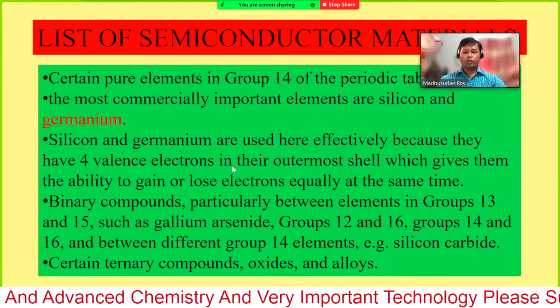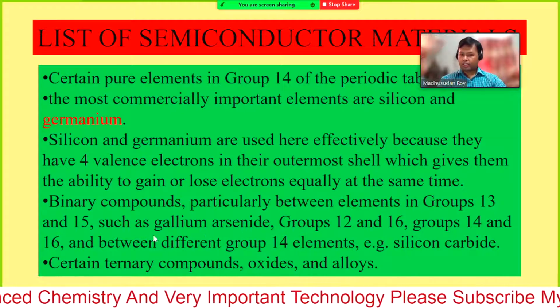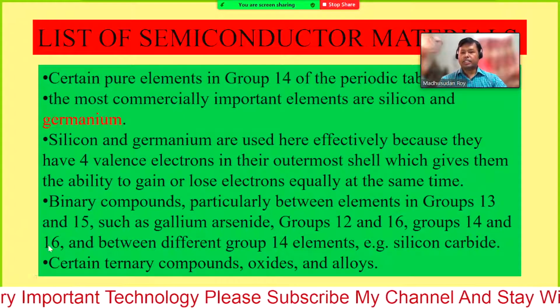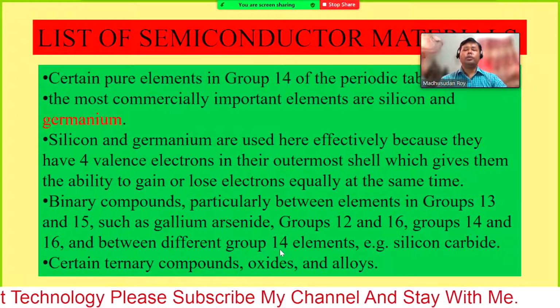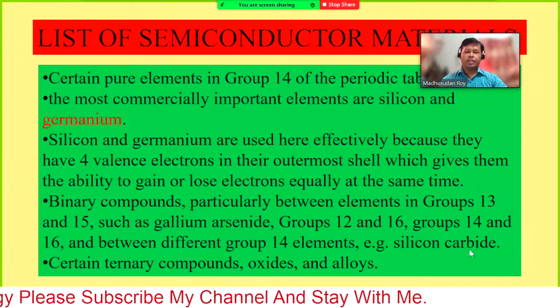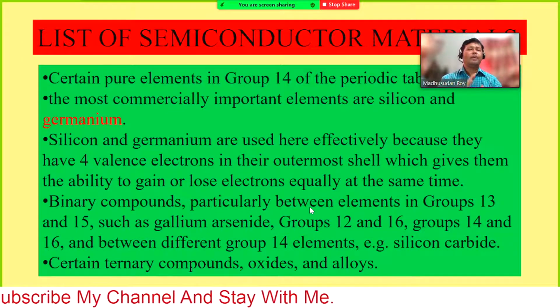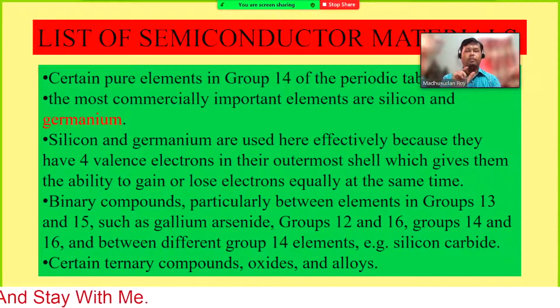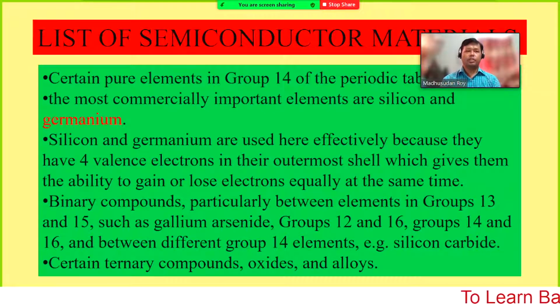So group 13 and 15, such as gallium arsenide, group 12 and 16, group 14 and 16, and between different group 14 elements, silicon carbide. So these are different types of binary compounds, that means 2 elements. If you combine 2 different elements to make a compound or molecule, in that case you can consider that compound as a binary compound.